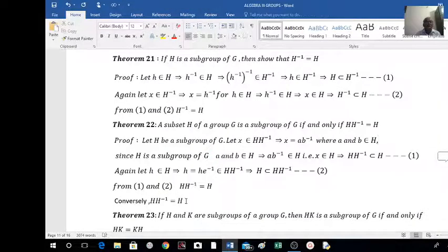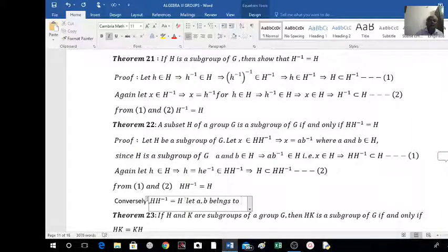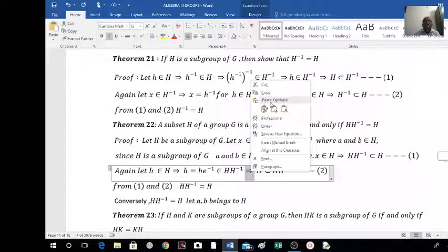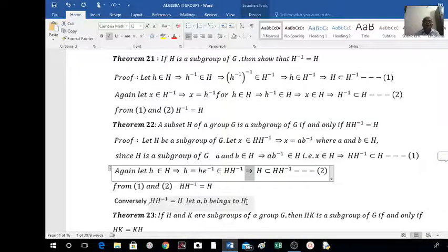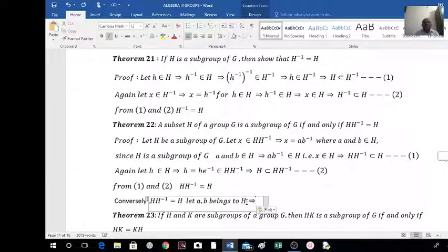So here let A comma B belong to H. And what this implies here, A B inverse.